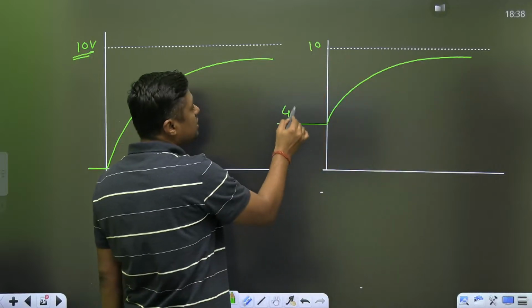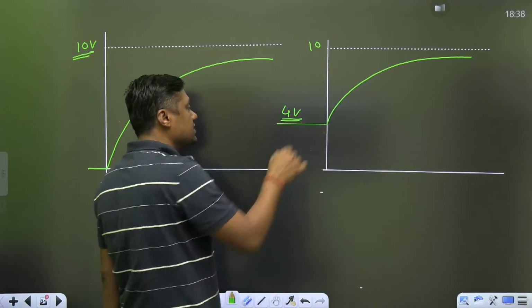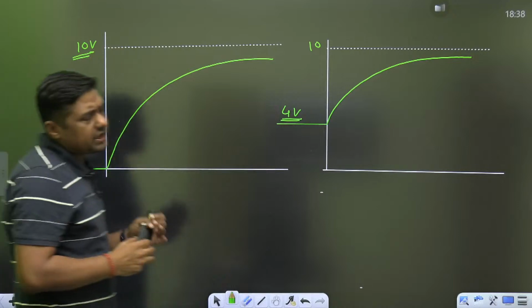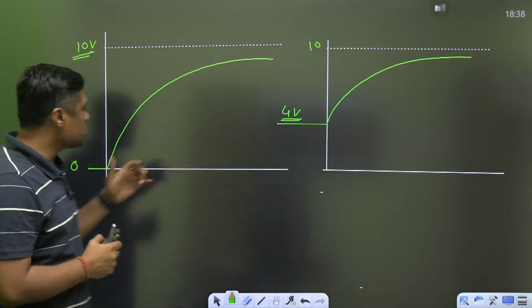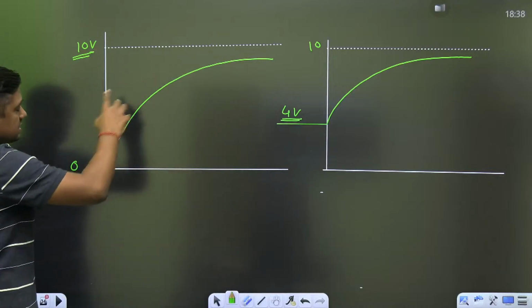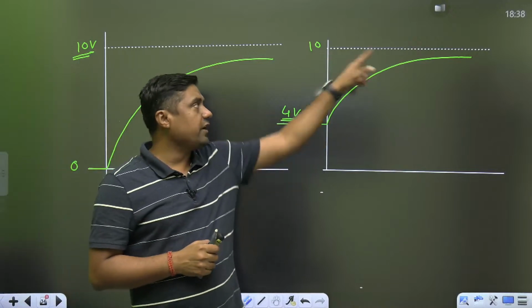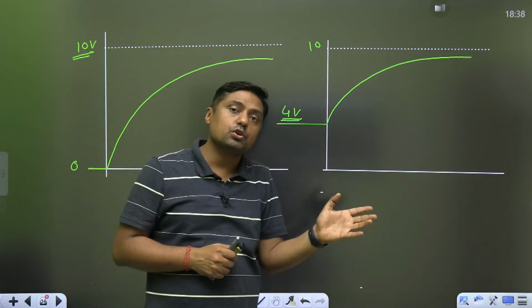If there is an initial voltage, that will be the case. If the initial voltage is 0, then that will be the case. But in both the cases, tell me, will it cross 0 volt? No, not possible. It will charge toward 10, it will not cross the 0 volt. Initially it has the positive voltage, it will finally charge up to 10 volt because a 10 volt battery is connected. Again it will not cross the 0 volt.